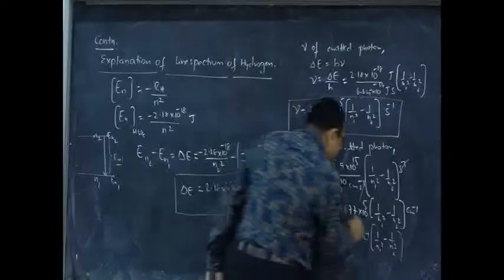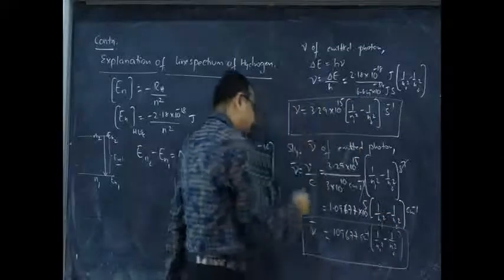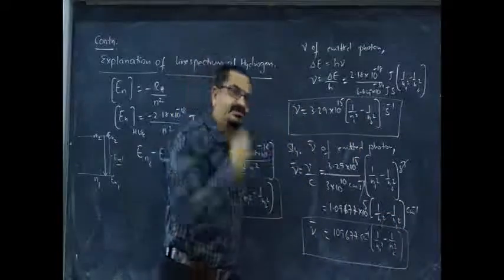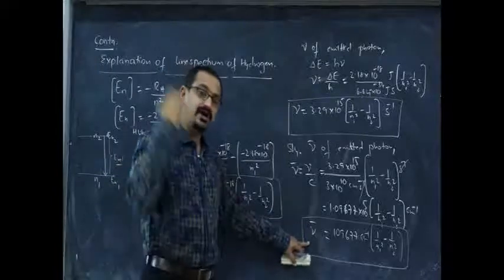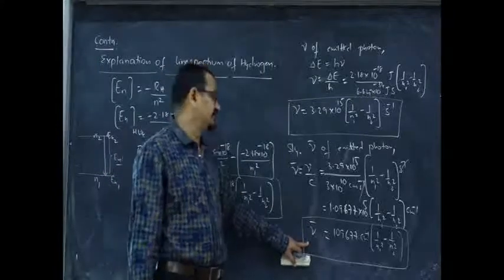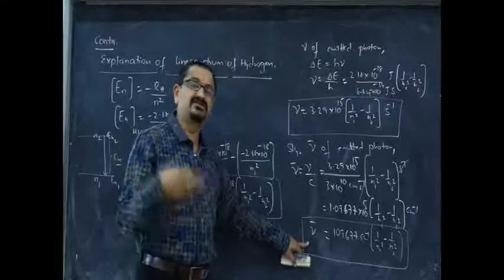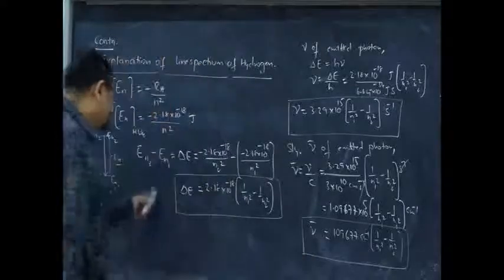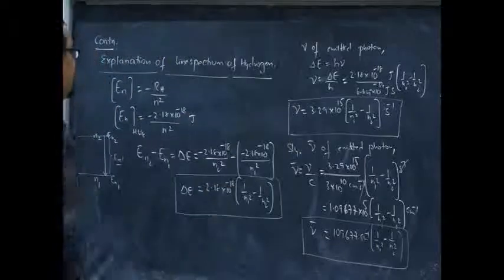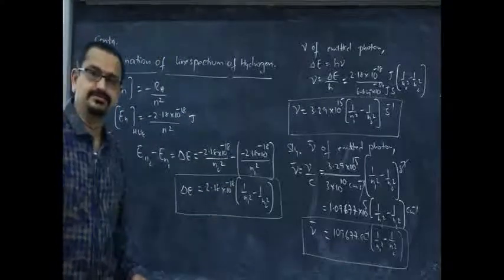So in this way, Niels Bohr proved that his theory is consistent with the previous one. This equation is on par with the one used by Rydberg for the calculation of wave number of spectral lines in the hydrogen spectrum. Okay, now this is about the explanation of line spectrum of hydrogen.